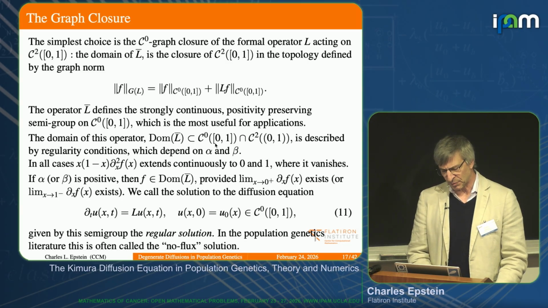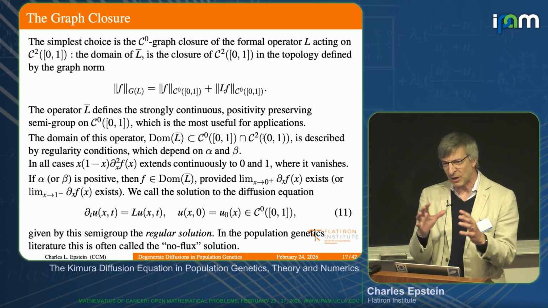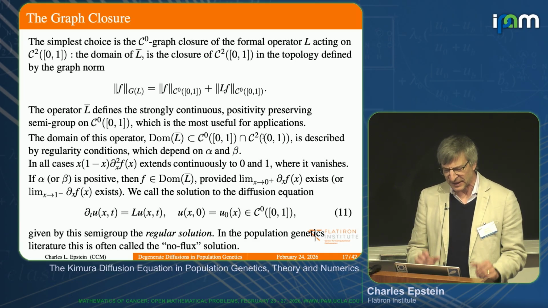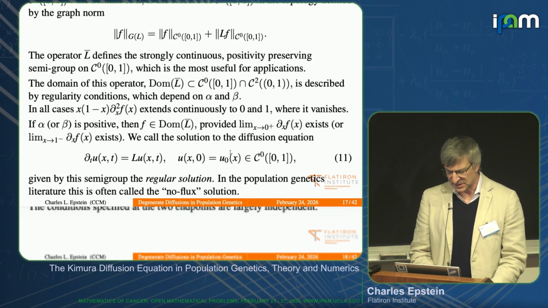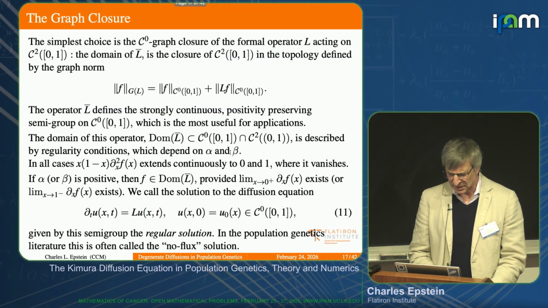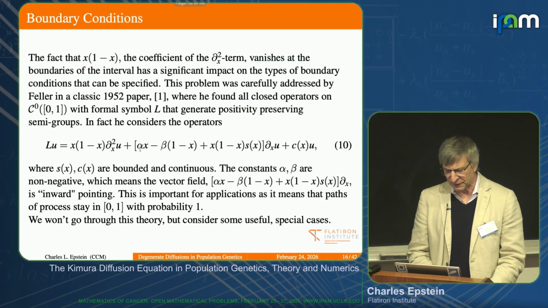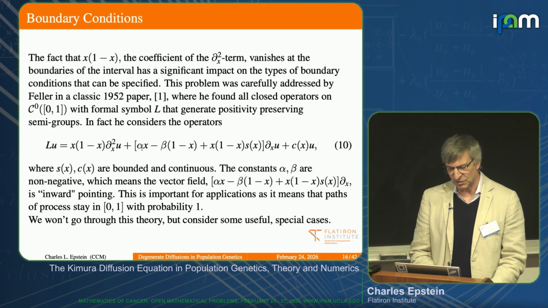The domain of this operator is a subset of C0 functions intersect with C2 functions in the open interval, but complicated things happen at the boundary. What happens at the boundary really depends upon alpha and beta, where alpha is the mutation rate to 0, and beta is the mutation rate to 1.